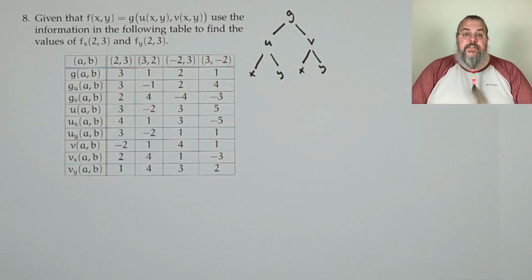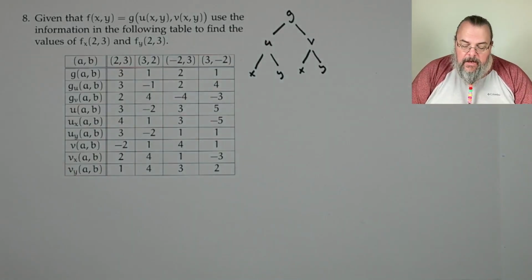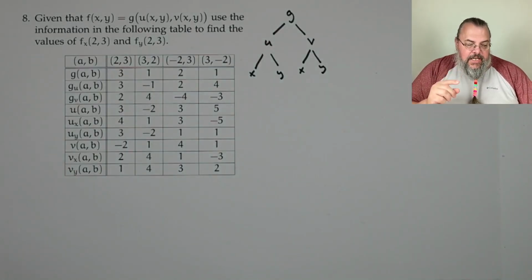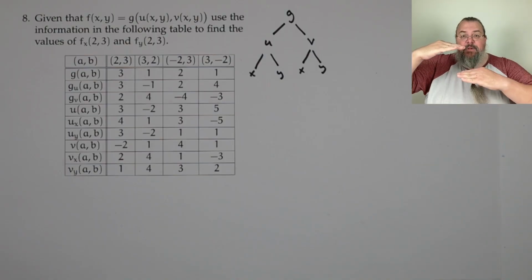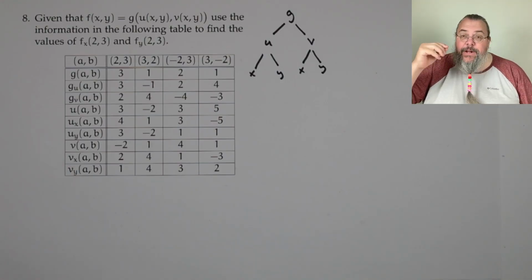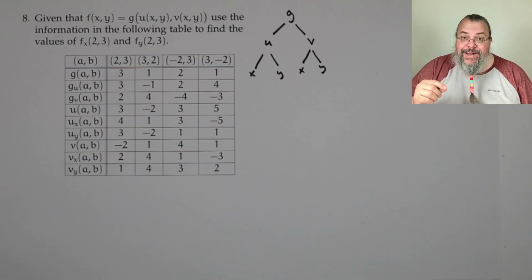Okay, so there's our chart. Now, on each edge of this chart, what do we have? Well, we have something above and something below. So it says the part above depends on the part below, which means that as I perturb this, this changes. And we can actually measure that.